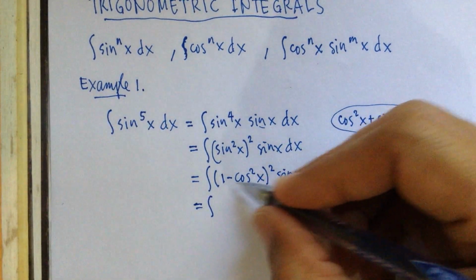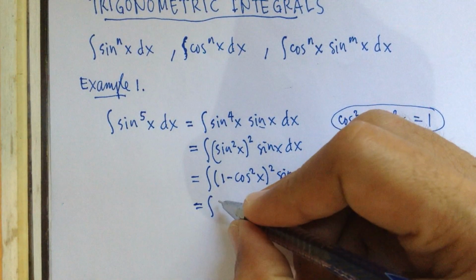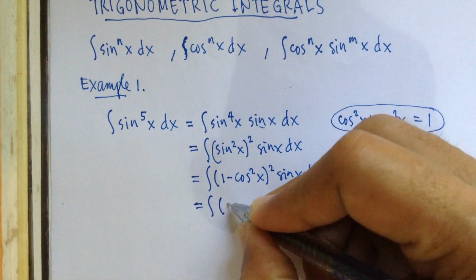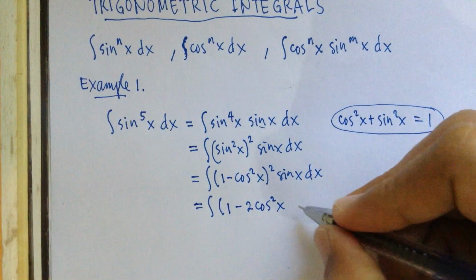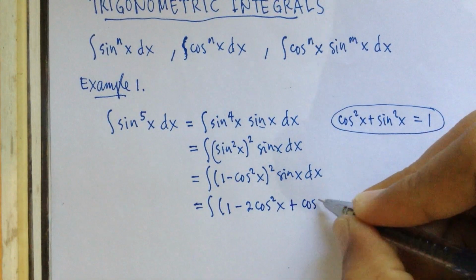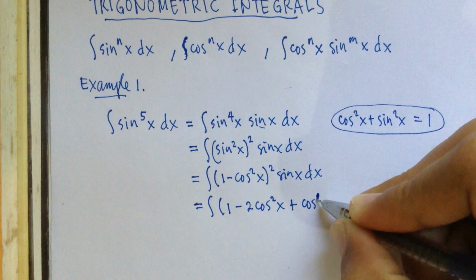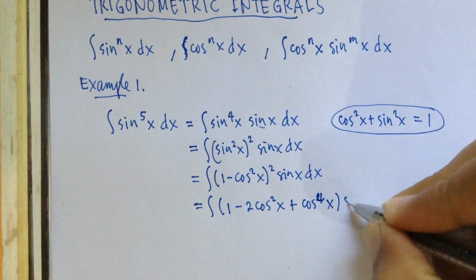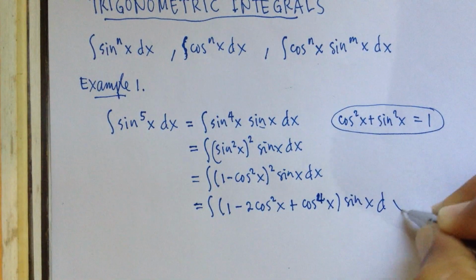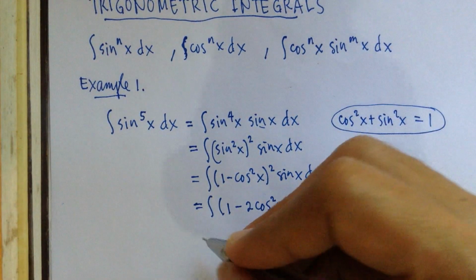And then let's expand this. So this can be written as 1 minus 2 cosine squared x plus cosine to the fourth of x times sine x dx.